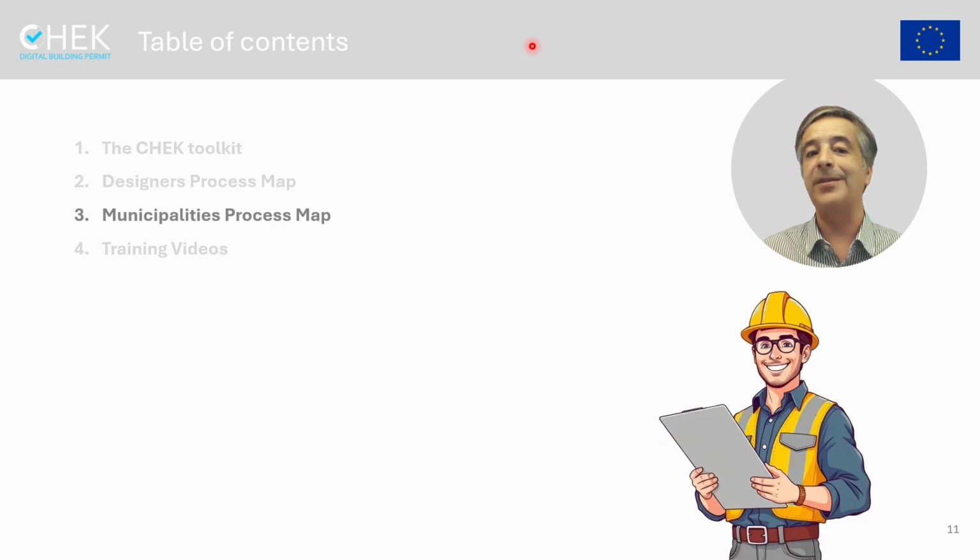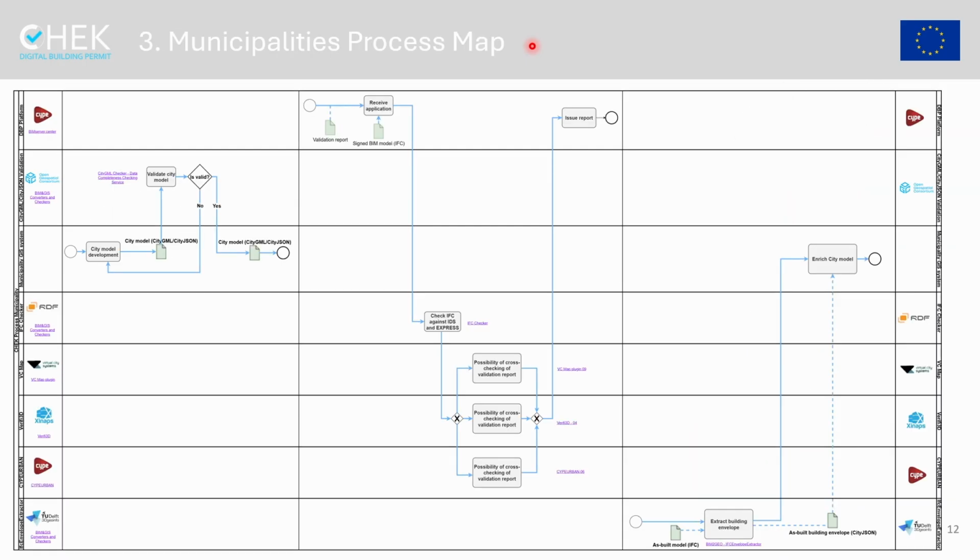So the municipalities process map will include the city model generation, but then the municipalities are actually going to participate in the process by checking the validation report that was initially submitted by whoever was requiring the permit, and with this validation they can take action. Of course there are many complex things that one could be discussing here, such as whether the municipality should be only looking at the validation or doing the verification themselves, and this can happen as well. So it's a flexible approach, but you will see that in the training videos.